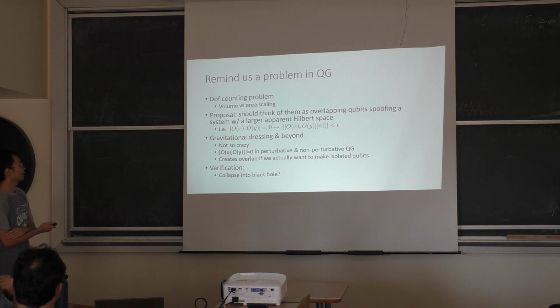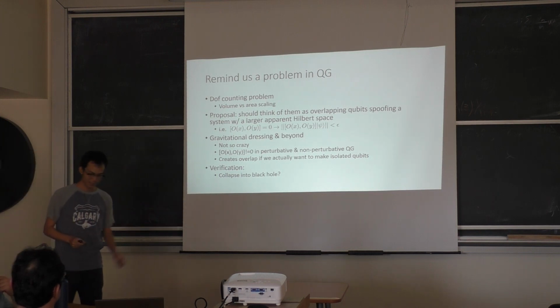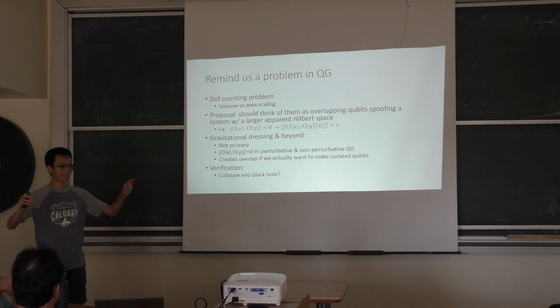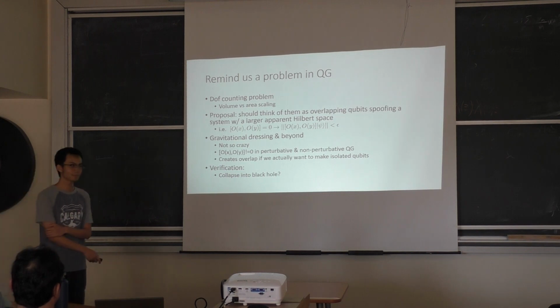And of course, you have to give up something. In this case, by overlapping, you give up microcausality: for operators that are space-like separated, instead of having the commutator be identically 0, you have it be some small number acting on a particular state.